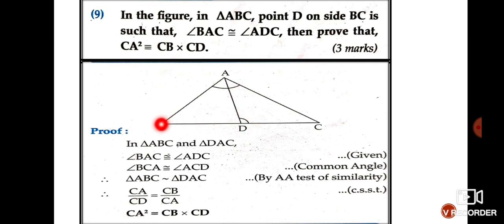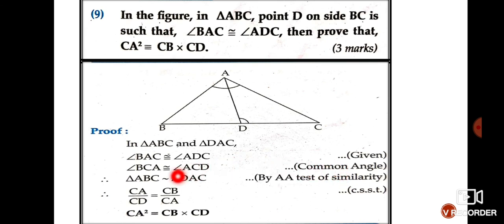I repeat, you have this bigger triangle BAC, and this small triangle ADC. So you have BAC congruent to ADC, and again you see that this angle C is common to both the triangles, that is BCA is congruent to ACD, and therefore the two triangles are similar by the AA test of similarity.